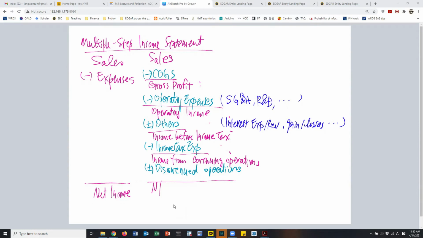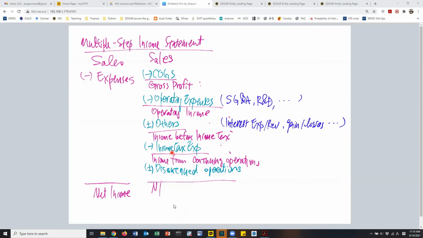Yes, operating income is sales minus manufacturing cost, and taking out the operating expense, you have operating income, right? After taking out your core costs, then what does this mean? Income before income tax. You take out all of the changes, maybe one-time, maybe not permanent, then you have this income before income tax.